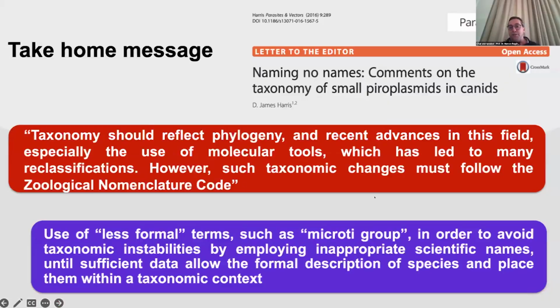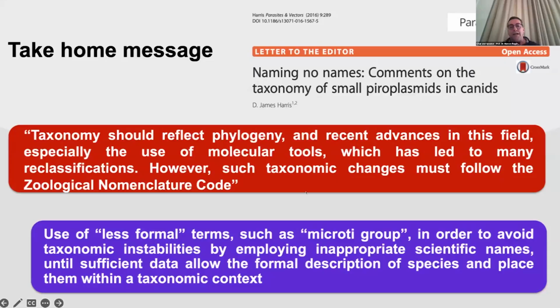The take-home message: I very much like this paper from James Harris, which says taxonomy should reflect phylogeny and recent advances in this field, especially the use of molecular techniques, which has led to many reclassifications. However, such taxonomic changes must follow the zoological nomenclature codes.